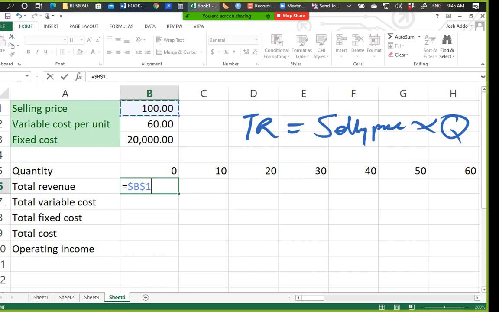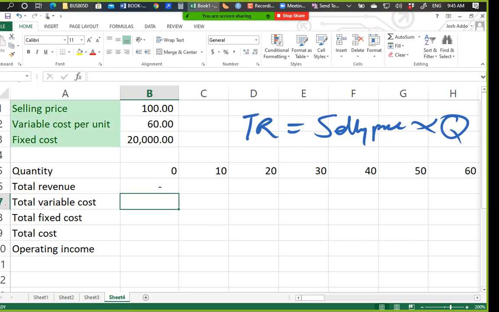So this becomes an absolute cell reference, and you have to know why we have to make it an absolute cell reference. Times quantity. Quantity will not be made absolute because when we drag, we want it to pick the various quantities. But when we are dragging, the selling price should be fixed as it is. That's the meaning of what we have done.